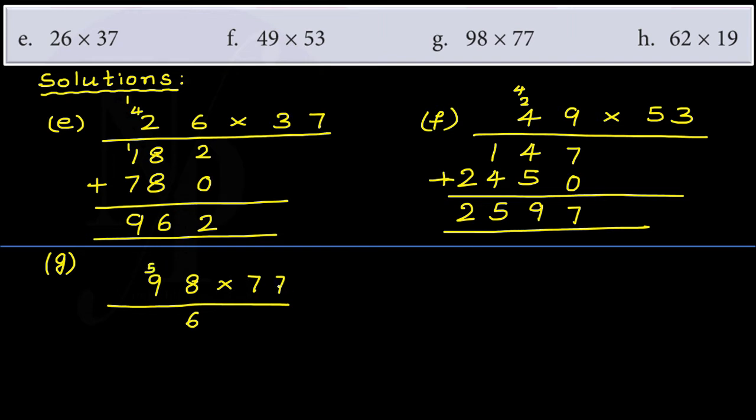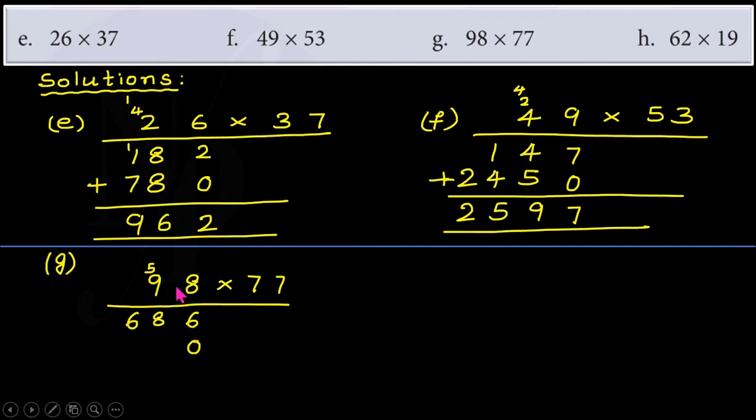And now we multiply 9 by 7. 9 7s are 63. 63 plus 5 is 68. We get 686. Now we have to multiply 98 by 7 again. So we put a 0 here. We have multiplied 98 by 7 and we got 686.